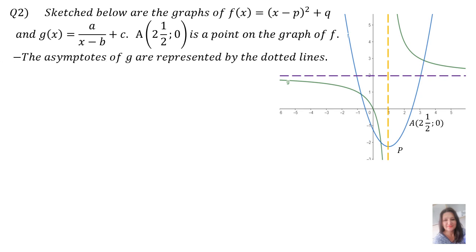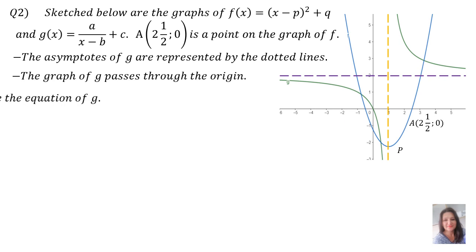The asymptotes of g are represented by the dotted lines, and there you will find that one is the vertical asymptote, and the purple line is the horizontal asymptote. The graph of g passes through the origin. And now the question: determine the equation of g.